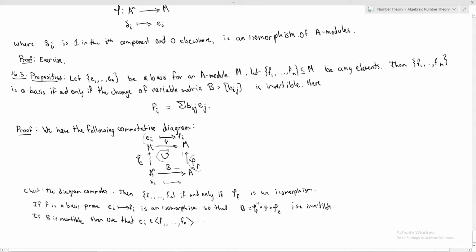Okay, so if they're invertible, then you can show this, and show linear independence of these by hand. So you have to be a little more careful. Basically, if you had a linear combination of these that was 0, you could apply B and then get a linear combination of the E_i's which was 0, and so on and so forth.